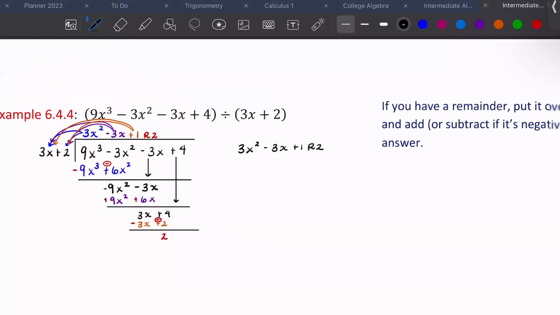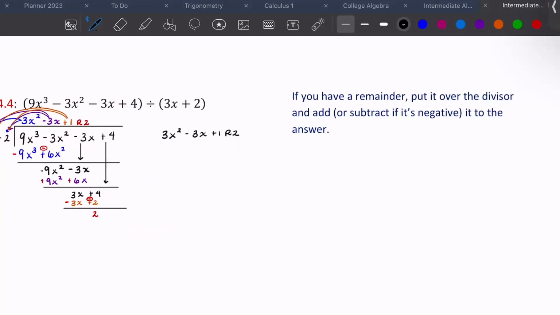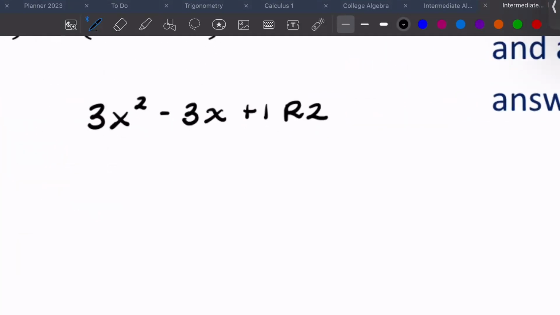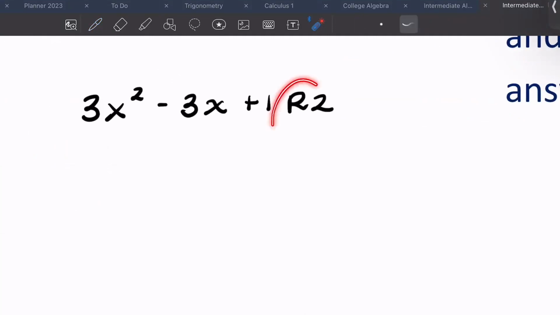Okay, so this note over here: if you have a remainder, put it over the divisor and add it to the answer, or subtract if it's negative. Okay, so this is how you can write your remainder pretty much anytime, but on your homework, it's going to ask you to write it that way.